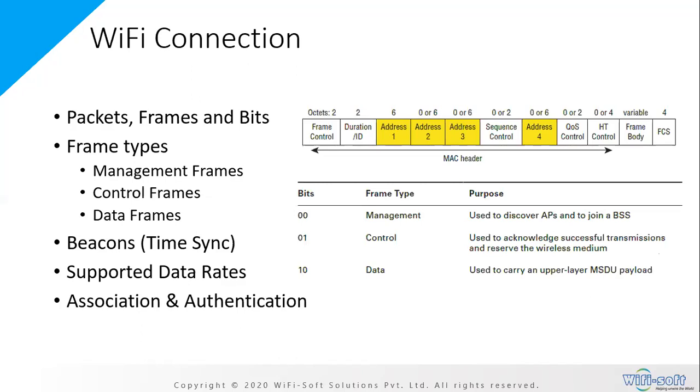And there's the concept of supported data rates, and association and authentication. So what are supported data rates? As you may know, all of you are concerned about 300 Mbps, right? Or in the past when we were using the G series, 54 Mbps, then 150 Mbps, now 1.2 Gbps and so on. These are basically theoretical data rates.